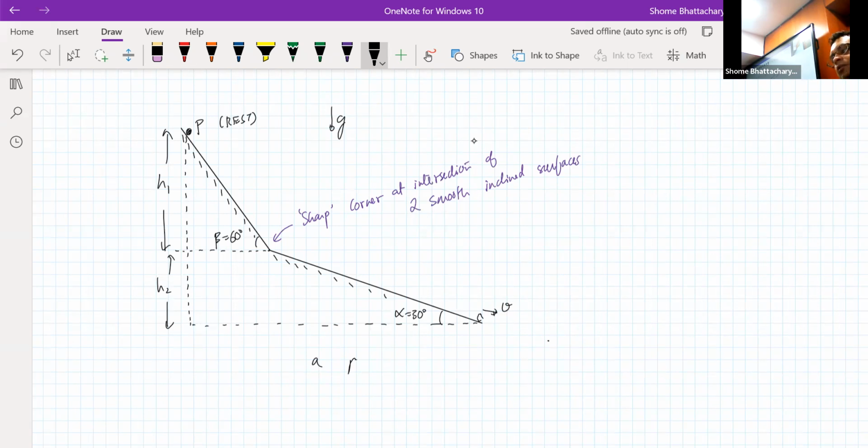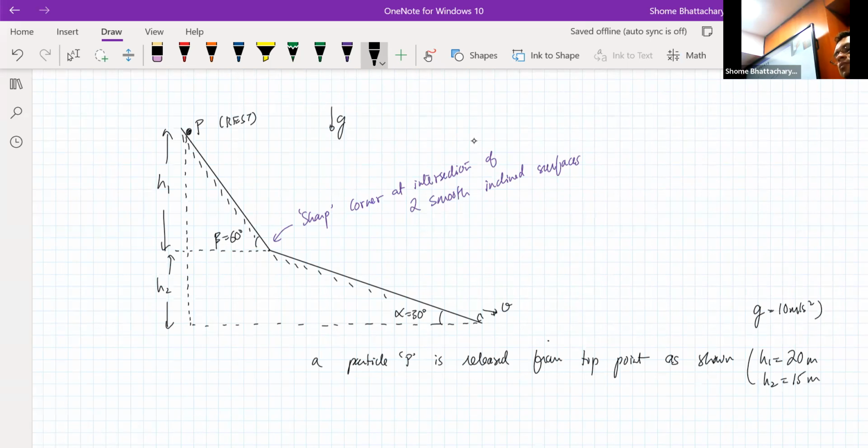So a particle P is released from the top point as shown, and here h1 is 20 meters, h2 is, let us say, 15 meters, g is equal to 10 meters per second square, and it makes a perfectly inelastic impact at the corner.